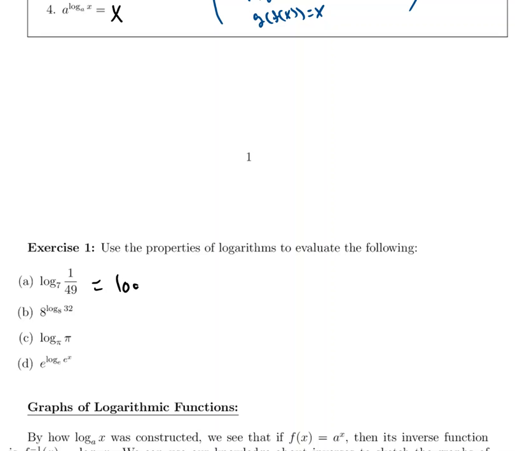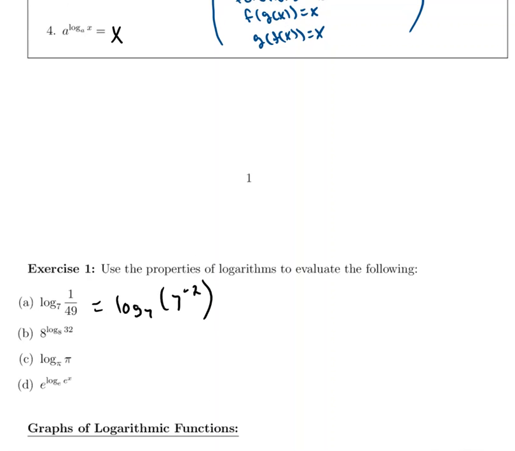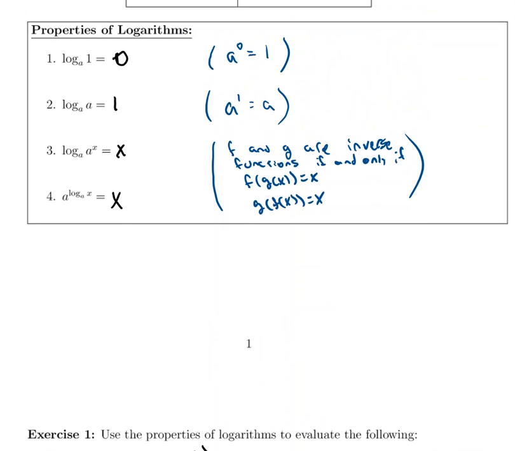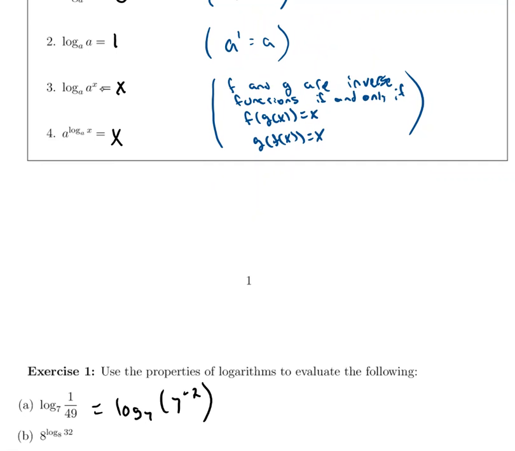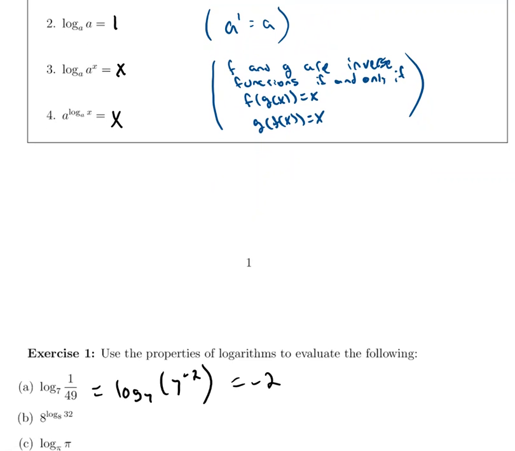So since I can express this as 7 to the negative second power, by this third rule up here, I'm just getting that power back out. So it evaluates to negative 2. If I want 8 to the log base 8 of 32, that's just this rule 4 here. I'm going to just get back out this 32 that's inside.